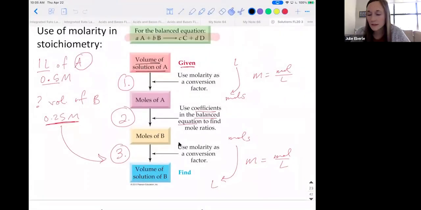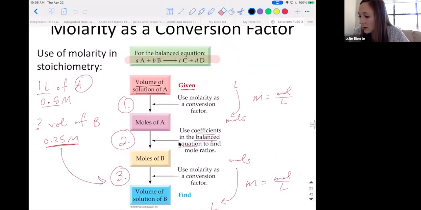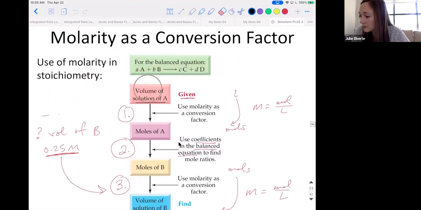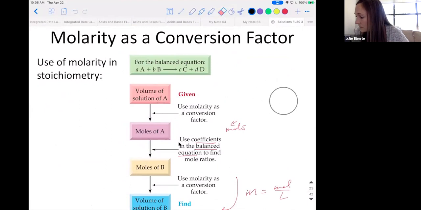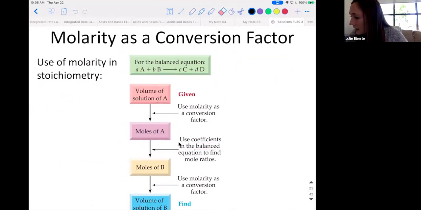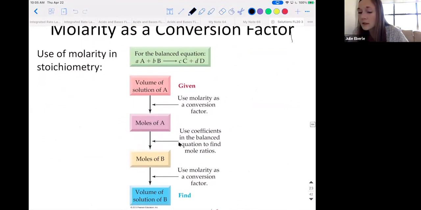Okay, this is the slide that I'm thinking of. This is from our solutions lecture. This is chapter 9, and you see the name of that lecture right there. And we're using molarity here in a problem that's involving stoichiometry, which I didn't use this whole word a whole lot because sometimes that word freaks people out, but stoichiometry is just conversions between moles and mass.